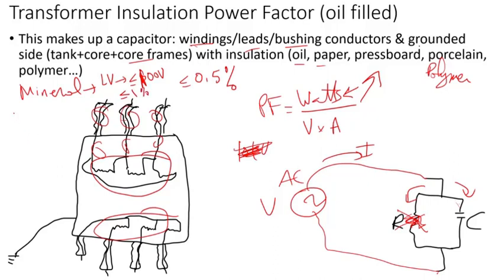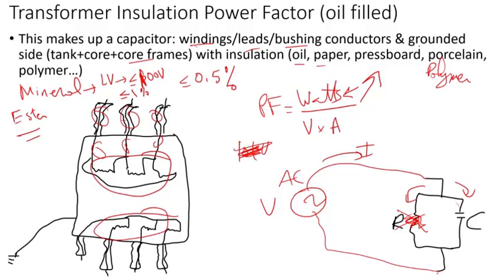But if it's ester or FR3, any biodegradable insulation, typically those have a higher power factor. So then you have to refer to the manufacturer for what is accepted and what is not. Mineral oil has been around for years, so it's well understood, and a typical power factor is well established.